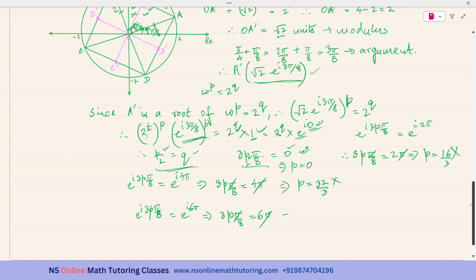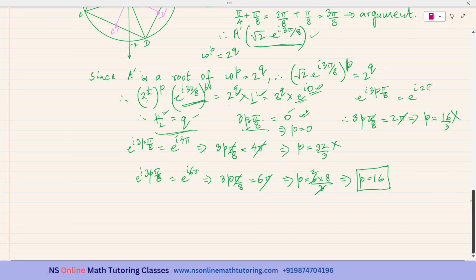These two get cancelled and I have p's value as 6 times 8 over 3. So now this cancels and I get p's value as 16. This is the smallest value that p can have as a positive integer.